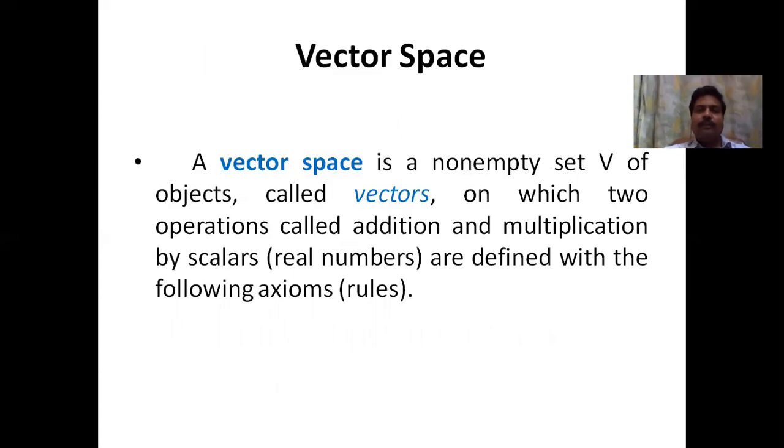Let us have a detailed discussion of vector spaces. A vector space is a non-empty set V of objects called vectors, on which two operations called addition and multiplication by scalars are defined with the following axioms.